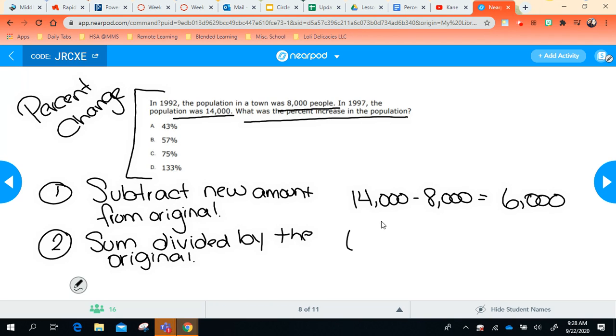So I'm taking 6,000 and dividing it by 8,000. 0.75. Thank you. Make sure you're writing down the steps too.